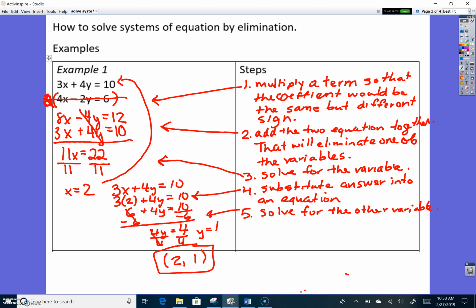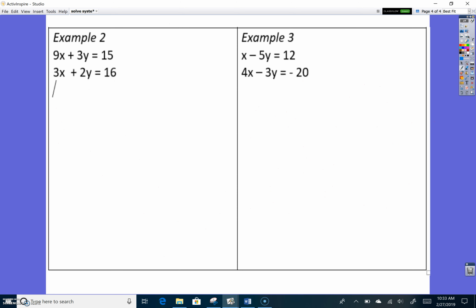Okay, I'm going to do one more example. If you look at this, this is in standard form. 9x plus 3y, 3x plus 2y. They are right next to each other. I can make this 3 into a 9, so I'm going to multiply everything by, because I want it to be negative, negative 3.